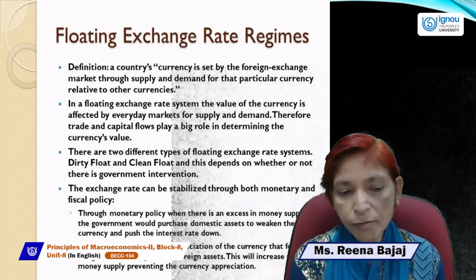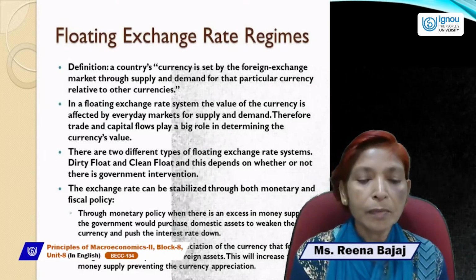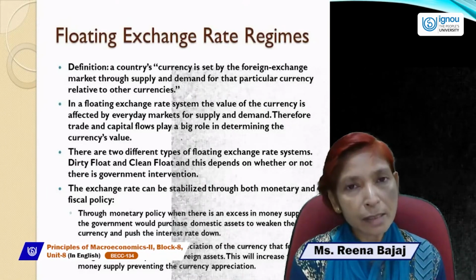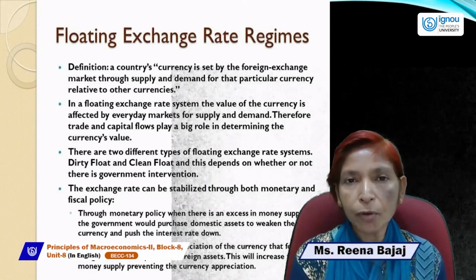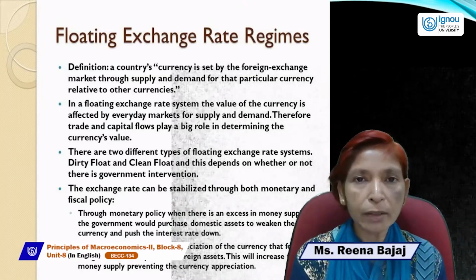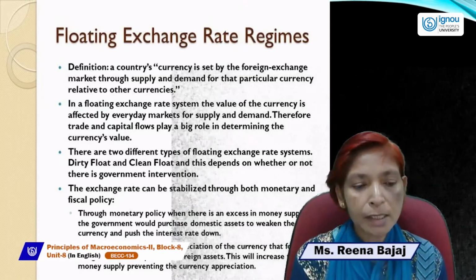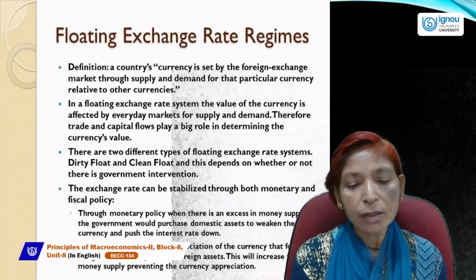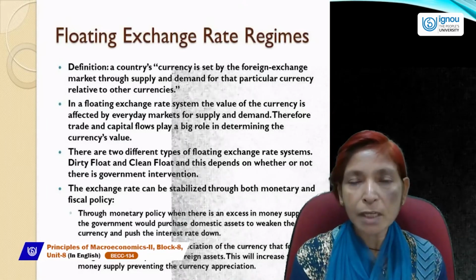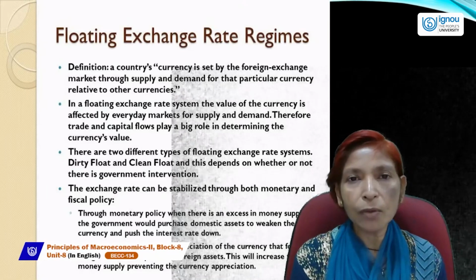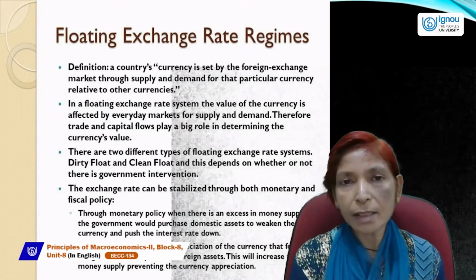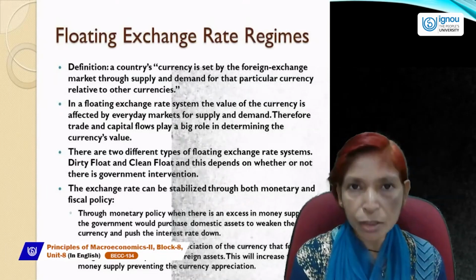With the help of this system, the government would purchase domestic assets when we are following monetary policy to weaken the currency and push the interest rate down, and fiscal expansion causes an appreciation of the currency. What is appreciation of currency? If the currency value increases in terms of another country's currency, that is called appreciation.